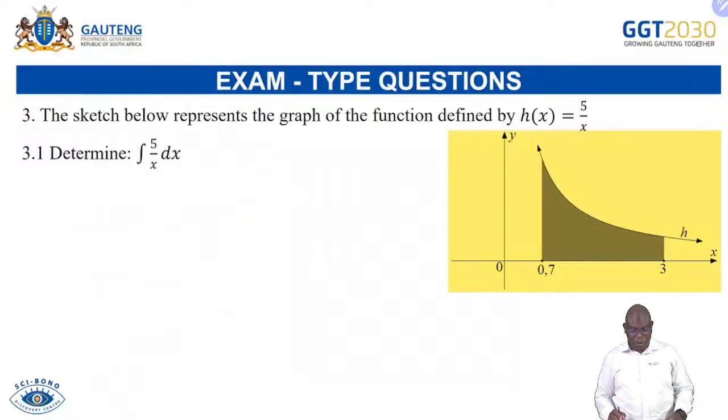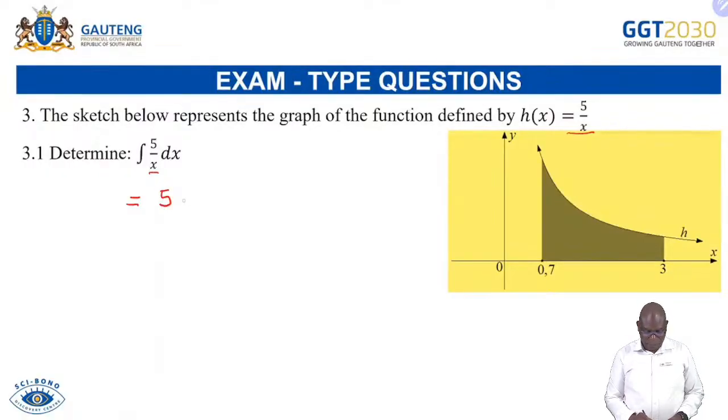I love this question. The sketch below represents the graph defined by this. Then the examiner said, determine this. In other words, they're saying, just write down the integral of that without the upper and the lower limit. So, the integral of that. I love this question. And he said, now from here, what do we have?